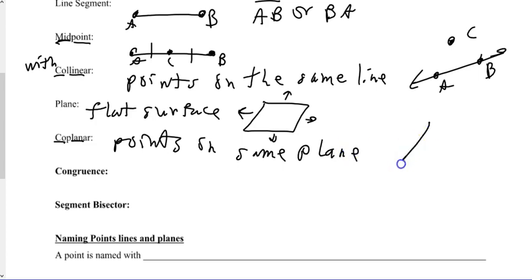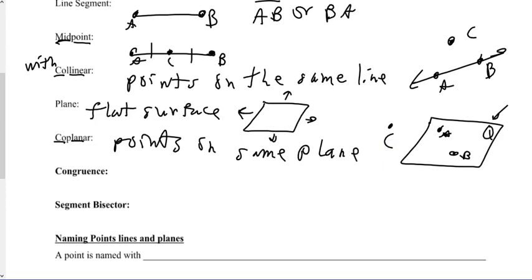Okay? So for example, if I have plane Q, we use a capital letter for a plane. And then I have point A right here. Actually, for a plane, we use italic letters, but I can't really draw italics, so this is usually going to be an italic letter. So here's point A, here's point B, and then point C is over here, not on the plane.